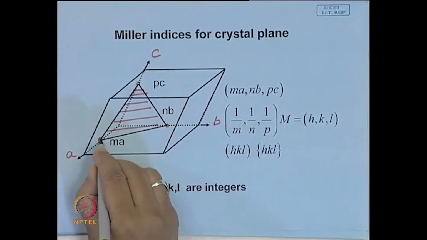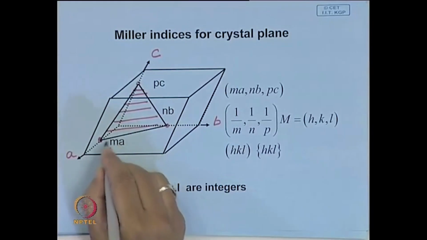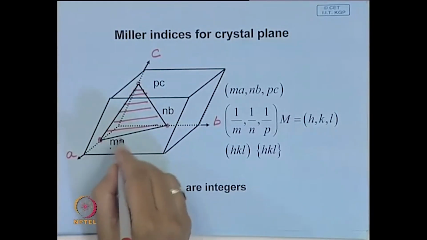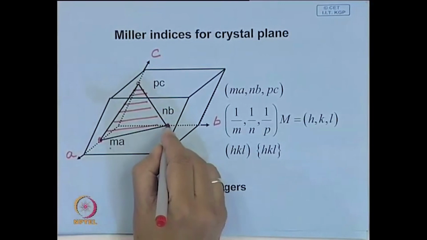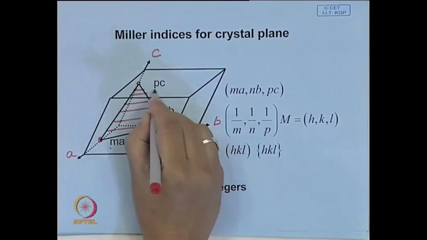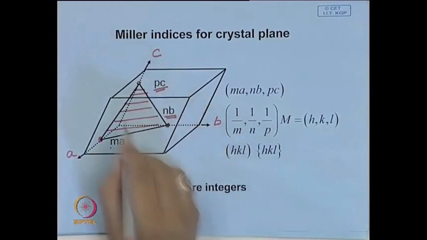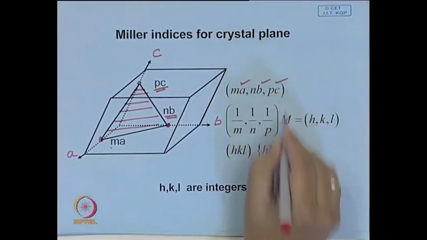This intersects at a point which is m times A. Now, m is any magnitude, it can be less than 1, it can be more than 1. It is not necessarily an integer. Here the intercept is n times B, and on C the intercept is p times C. So, write down these intercepts.